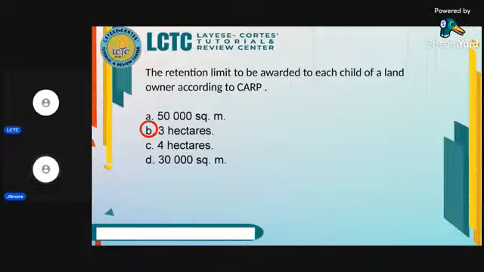And there were only two of you daughters, you will receive each only 3 hectares. So the remaining land portion to be distributed will be 44 hectares. So here, to each child, 3 hectares. The answer here is either B or D, 30,000 square meters, still 3 hectares. Okay?